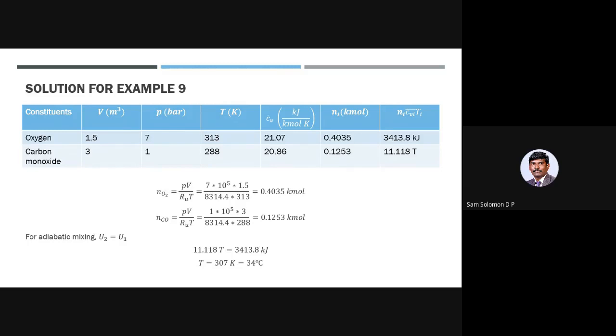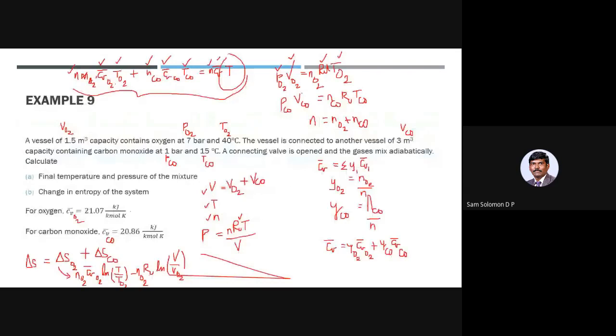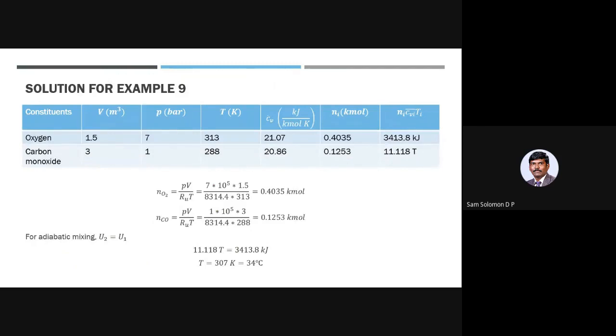Hold on for a second. What we have done here is N of oxygen into CV of oxygen into T. So why don't we check this and see how our result turns out to be?